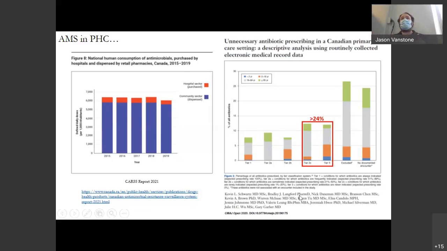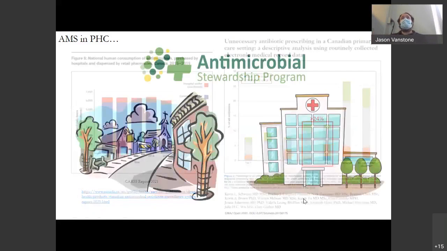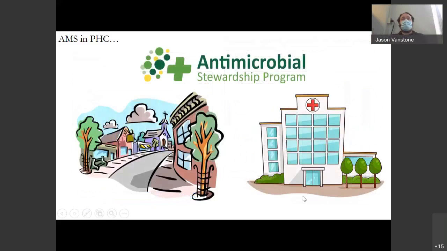So when you look at these together, it shows that if we're talking about antimicrobial stewardship, clearly we use a lot of antibiotics in primary healthcare, and there's certainly room to improve on the appropriateness of that antibiotic use in that sector. So back in 2016, when our antimicrobial stewardship program started here in Regina, this was one of the things that we took into consideration.